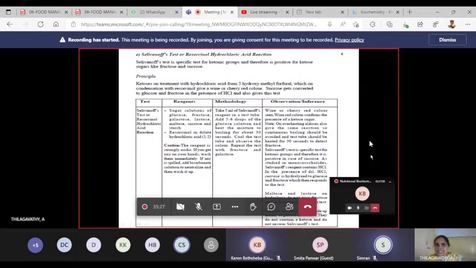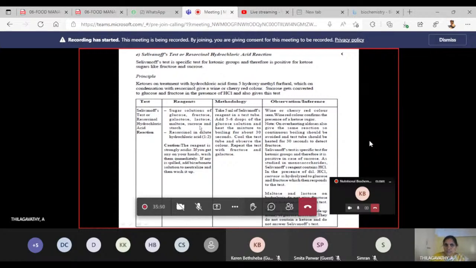So you can use the Seliwanoff's test or resorcinol hydrochloric acid test to distinguish between an aldose and ketose. Generally in lab to distinguish between glucose and fructose. Okay, you can distinguish whether it's a glucose or a fructose by doing this Seliwanoff's test.